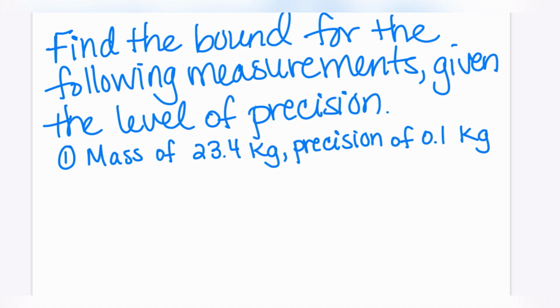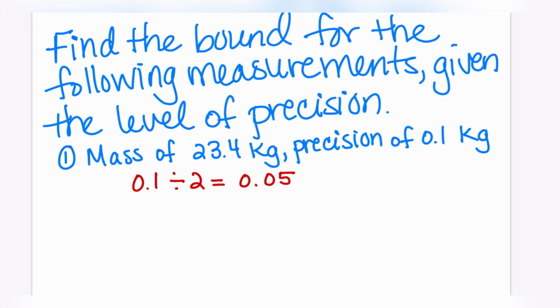Let's say that the problem says to find the bound for the following measurements given the following level of precision. Let's say we have a mass of 23.4 with a precision of 0.1. You are going to take the level of precision, in this case 0.1, you are going to divide it by 2, which is 0.05.